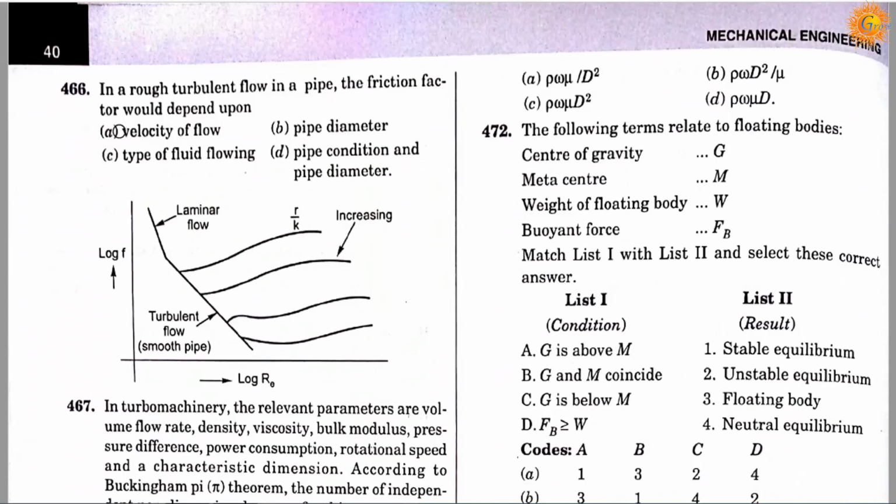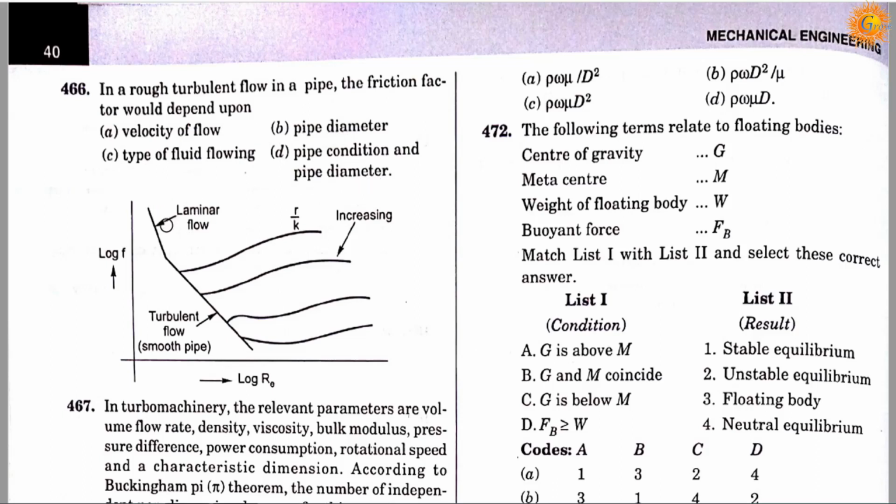Question number 466. In a rough turbulent flow in a pipe, the friction factor would depend upon: option A, velocity of flow; option B, pipe diameter; option C, type of fluid flowing; and option D, the pipe condition and pipe diameter.